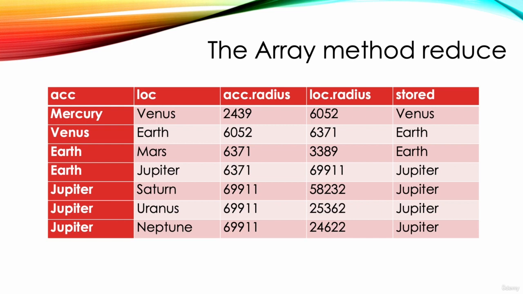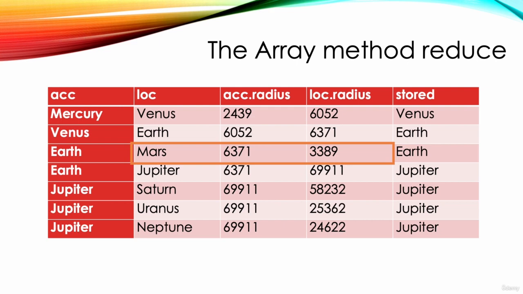The first time we enter the callback method, acc is the first item in the array, Mercury, and loc the second item in the array, Venus. Looking at the radius values, we can see that for this pass, loc.radius, Venus's radius, is larger, so we store Venus. As we enter the second pass, acc is now Venus, and loc is the third item in the array, Earth. Earth is larger, so we store Earth as the acc, the accumulator value.